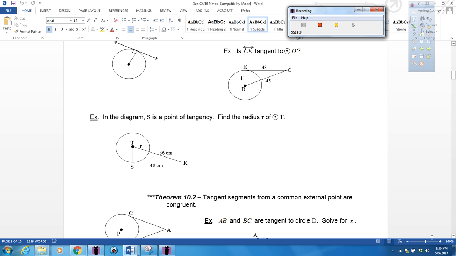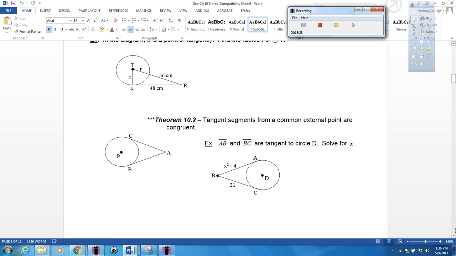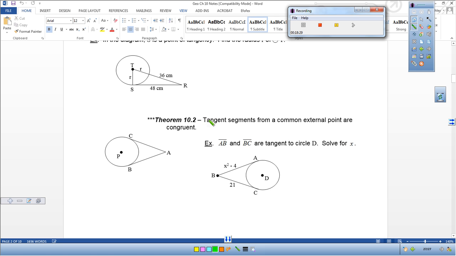So the next theorem we need to talk about is this. Two tangent segments from a common external point are congruent.